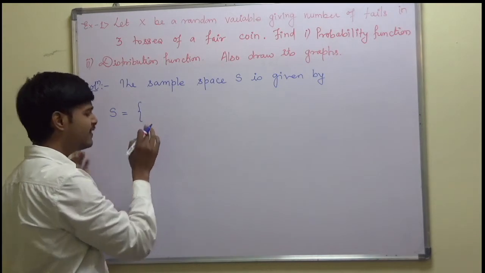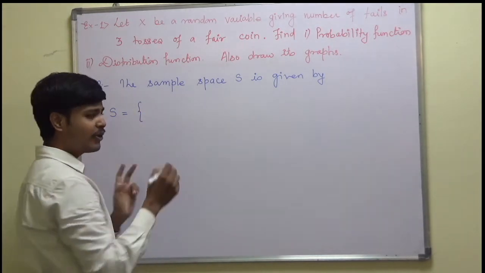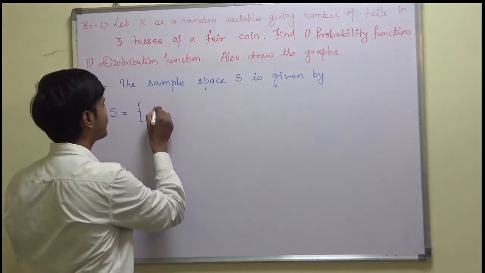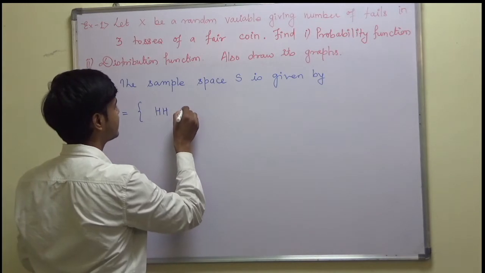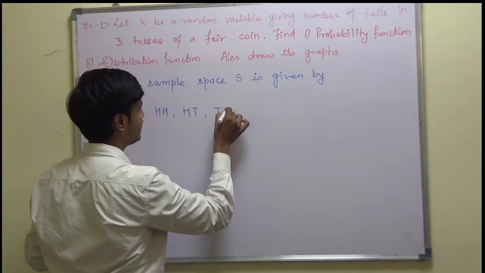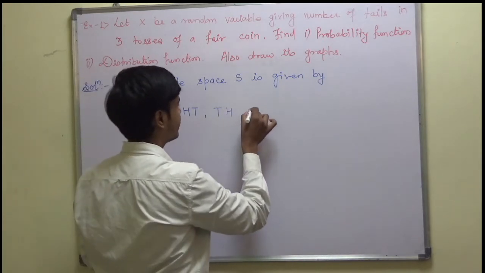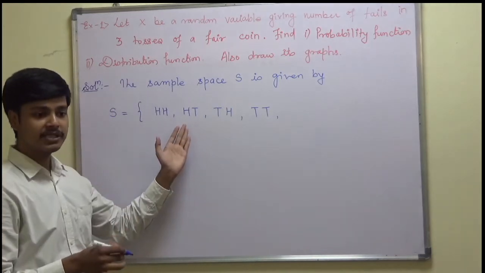If you are getting some difficulty, just write down the sample space for 2 coins. For 2 coins, it is head head, head tail, tail head, tail tail.